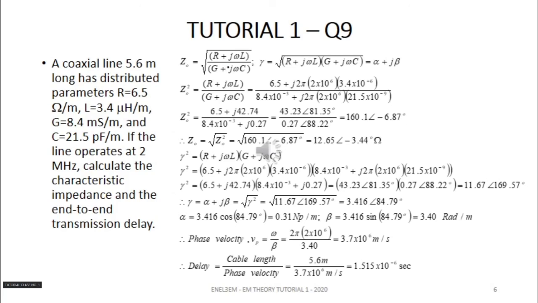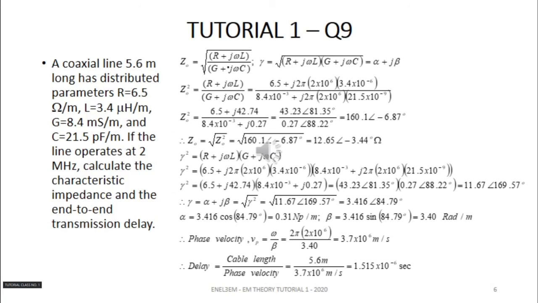And therefore, our gamma, which is alpha plus j beta, is the square root of gamma squared, which is 3.416, and the angle is 84.79 degrees per meter. Normally, gamma is given in per meter.